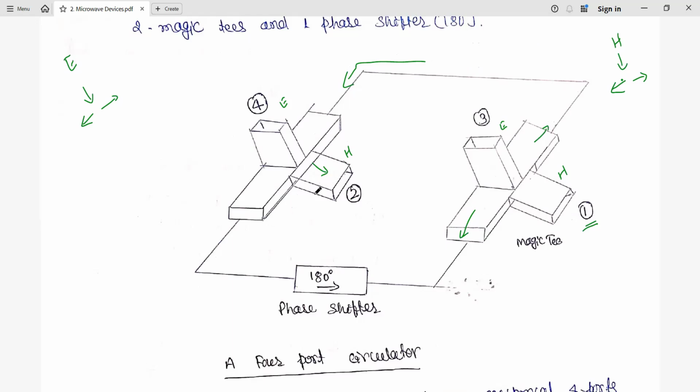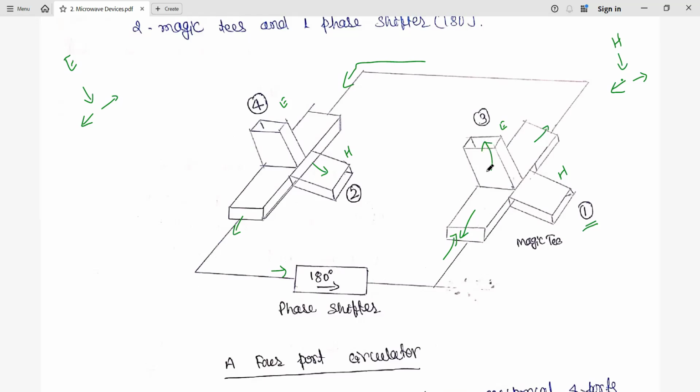Now, the same signal is also going to pass through this collinear arm, where it goes through the 180 degree phase shift. After the 180 degree phase shift, it is inserted into this collinear arm and comes out from port 3, that is the E plane T.